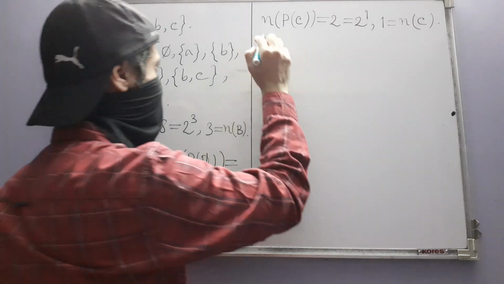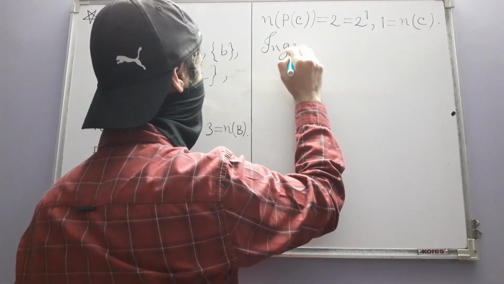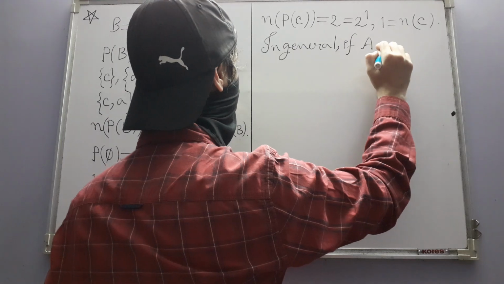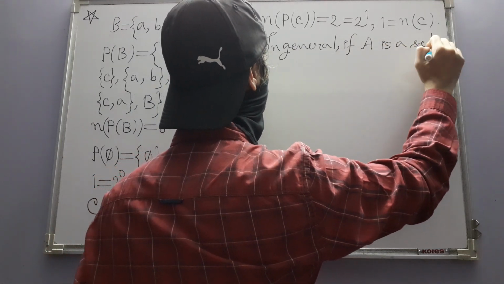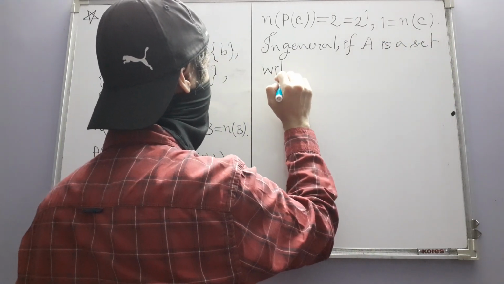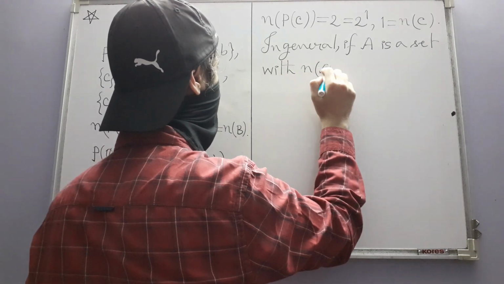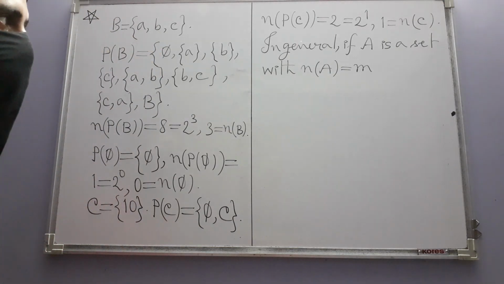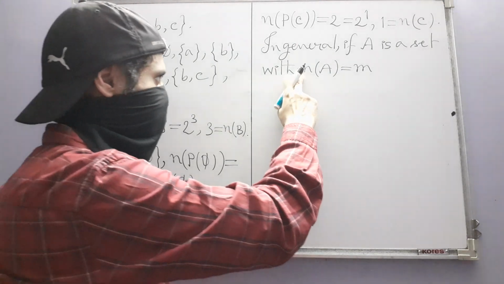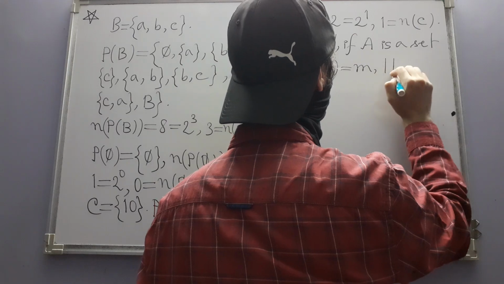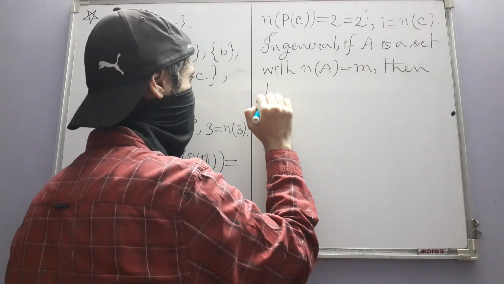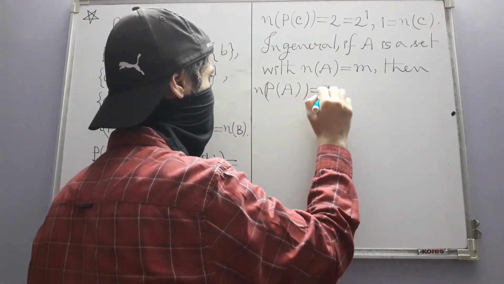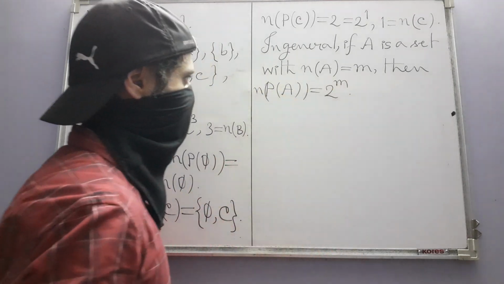In general, if A is a set with n(A) equal to n, say some non-negative integer, the number of elements in A is n, then the power set of A has 2 to the power n elements.